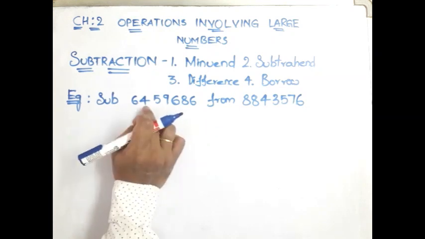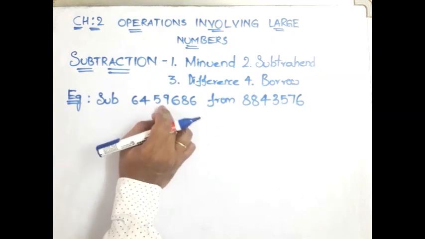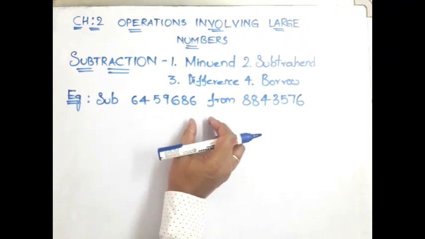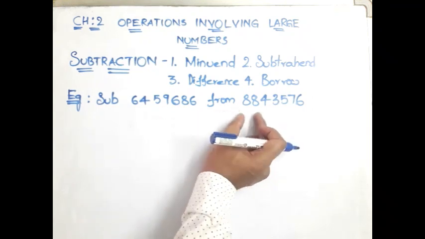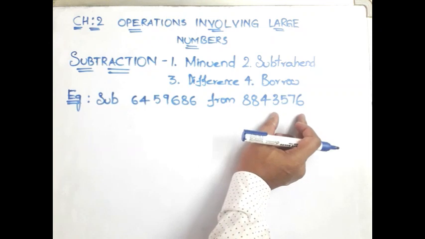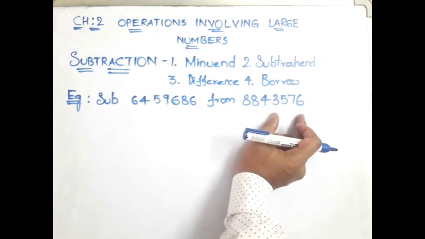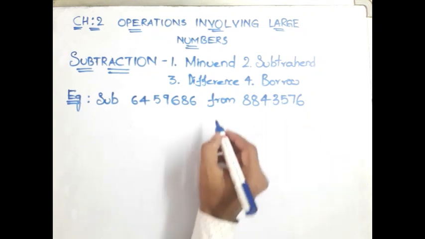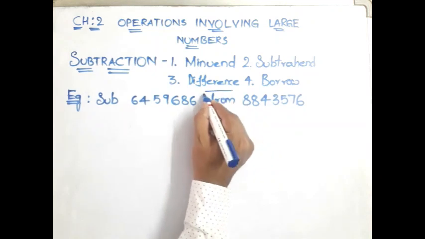So 64,59,686 should be subtracted from 88,43,576. Here this term "from" is important.